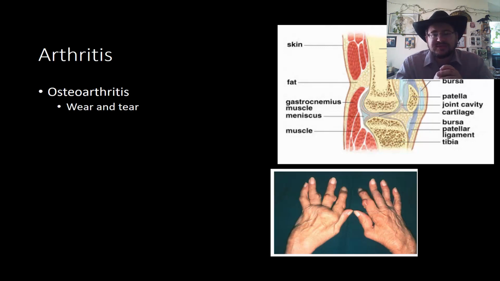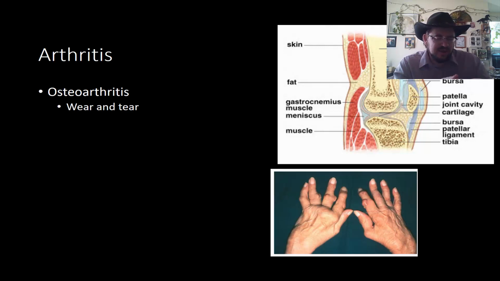So arthritis is where you wear the joints. You may start to lose cartilage in the joint, and you'll get bone rubbing on bone, and that'll cause inflammation around the joint. And sometimes the bone repair can actually go wrong and reduce movement in the joint.